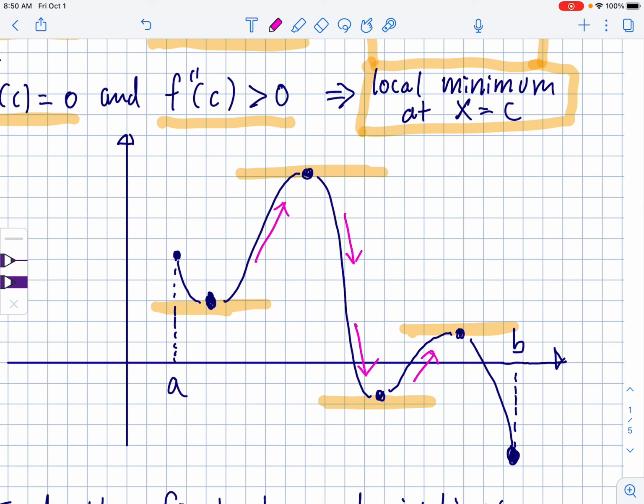All of these turning points are either maxima or minima. These little mountains and valleys are called local. So this is a local min, this is a local max, this is a local min as well, and this is another local max.